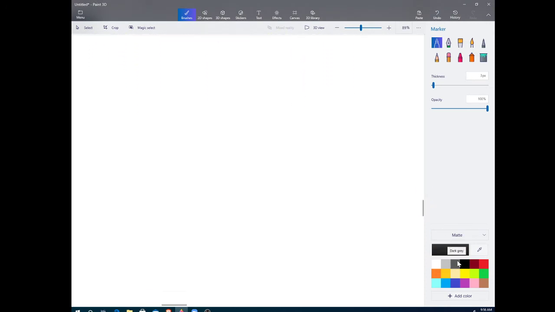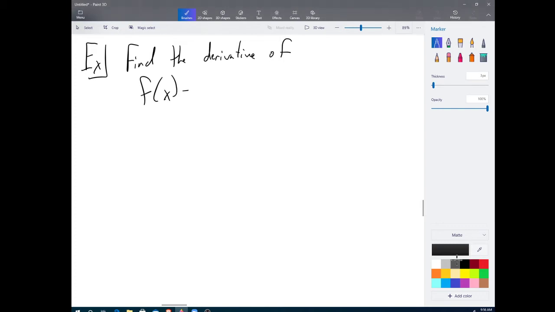Alright. Let us find the derivative of this function.